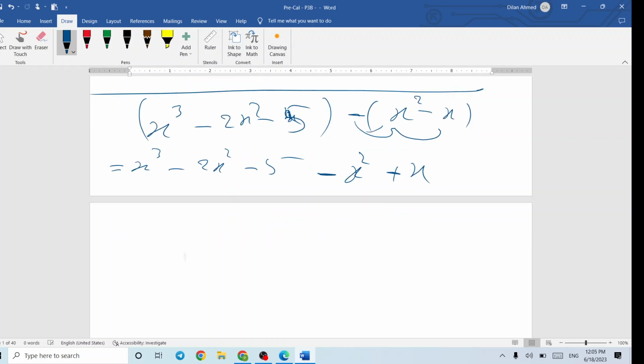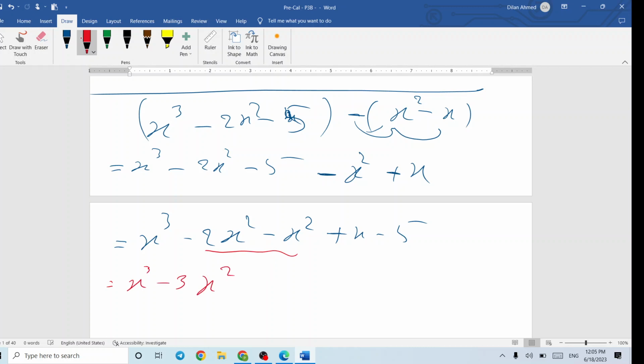Am I right? Now organize them, or you can do it directly. Minus 2x squared minus x squared plus x minus 5. Am I right? So x cubed minus 3x squared, right? Plus x plus minus 5. You got the idea? Clear, right?